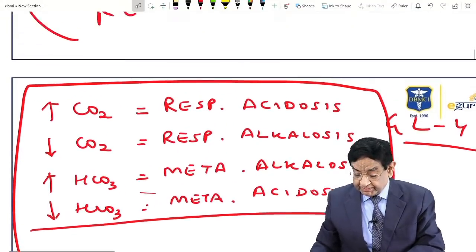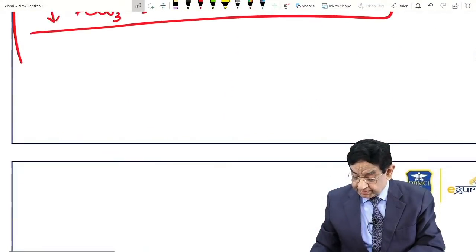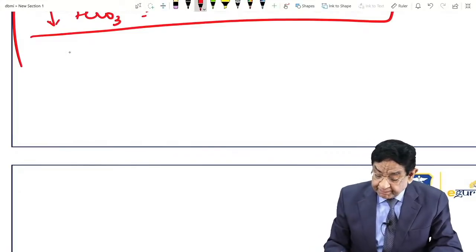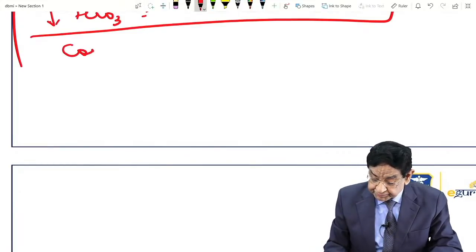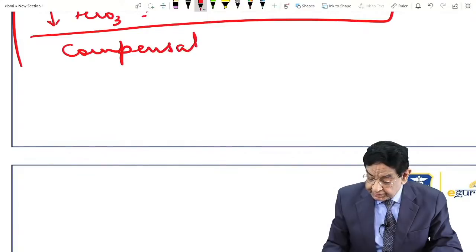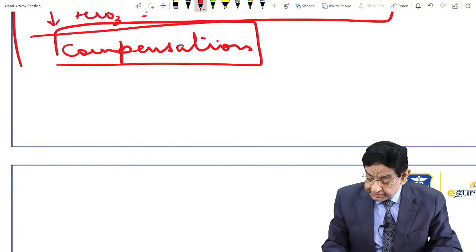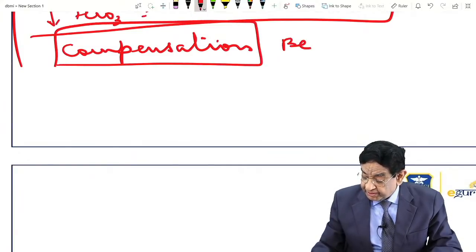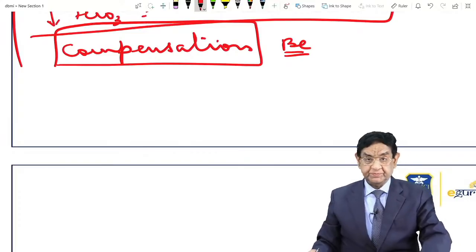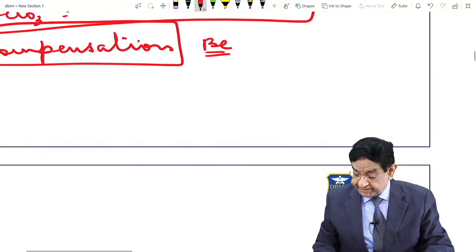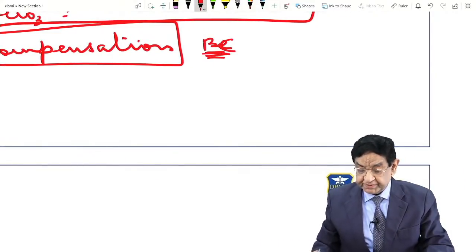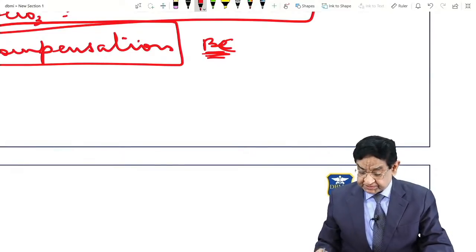So we learned about the basic concept. Now I'm going to discuss compensation. So again we learn what is the meaning of compensation. The basic concept. BC stands for basic concept. The basic concept goes like this.